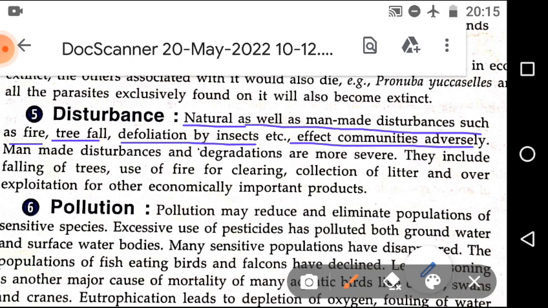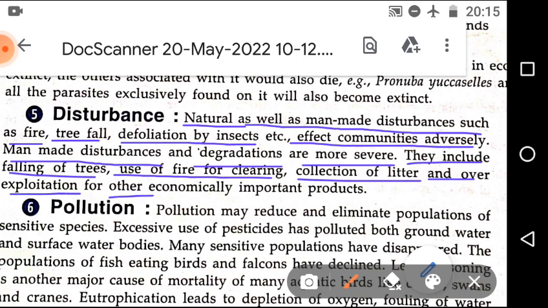Man-made disturbance and degradation are more severe. It is saying that compared to natural disturbance, man-made disturbance is more dangerous, more severe, and they include felling of trees, use of fire for clearing, collection of litter, and over exploitation for other economically important products.